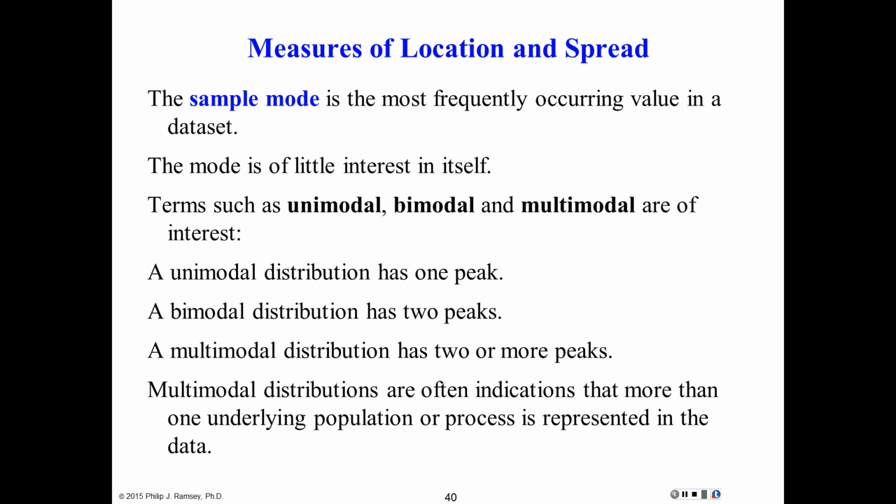So the aluminum lithium and delivery times data were unimodal. They had one peak. Bimodal, we actually showed an example of this in the early notes, in the understanding variation section. And multimodal means there could be multiple peaks.